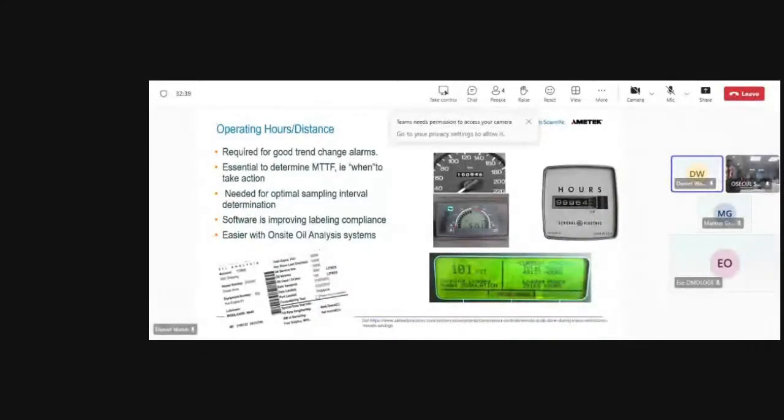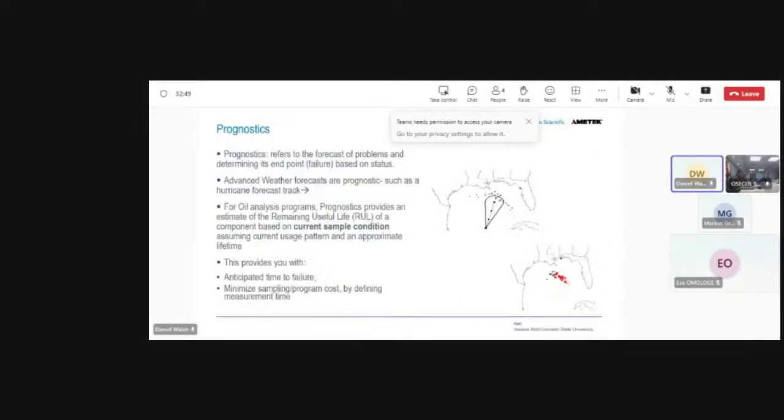So start doing this now. Every time you do your program, start tracking your time. It's really, really important.